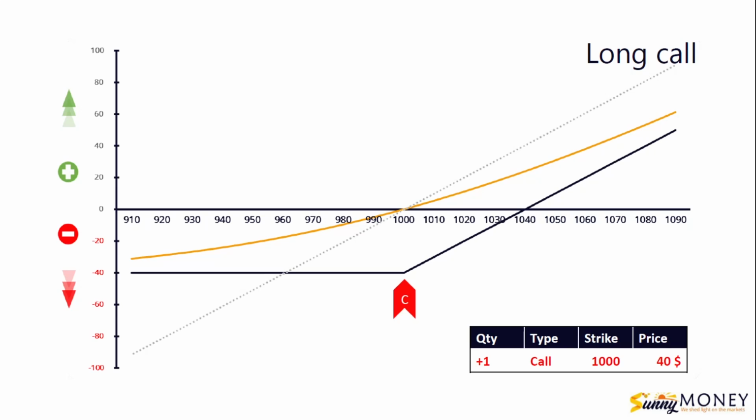In the case of the long future, we would lose $500. In the case of the long call, we will always lose $40. As you can see, in fact, the dark line is flat at strike 1,000 and so down to the zero. And if you notice, for the strike you bought starting from 1,000, the dark line begins to rise towards infinity.